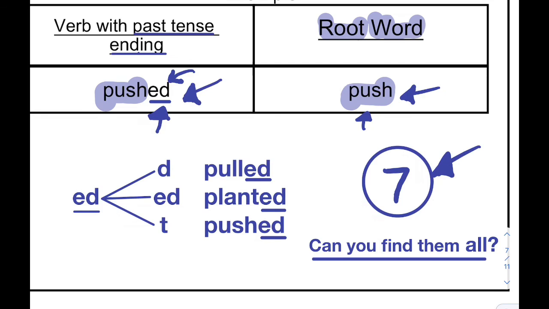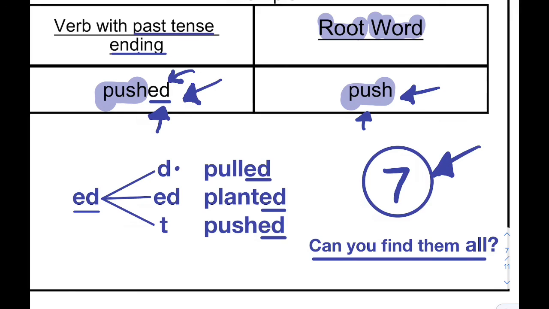One last thing to talk about. ED can be a little tricky when you go to read words with ED at the end because ED makes 3 different sounds. So you have to play around with the word and think to yourself, which sounds best? Which sounds right?